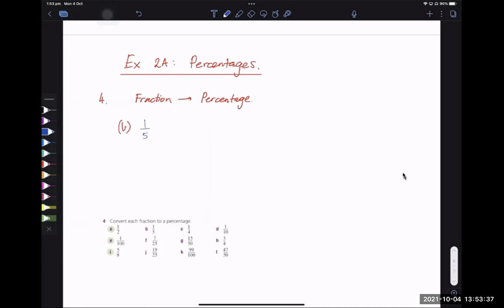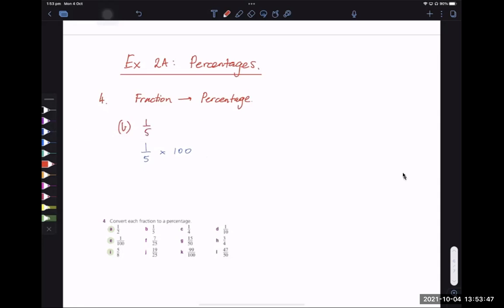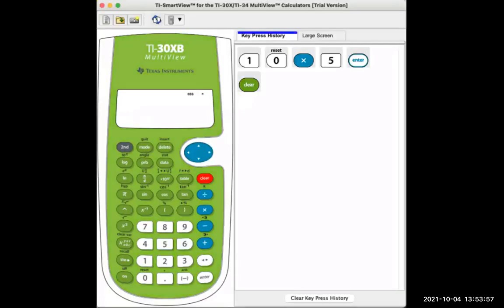The only thing that you have to do for a fraction to get to a percentage is multiply it by 100. Okay, so if you have your question as 1/5, all you have to do is multiply it by 100. So I'm just going to jump back and forth between this.